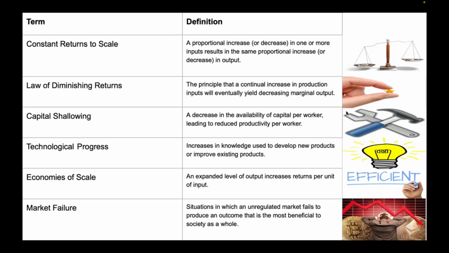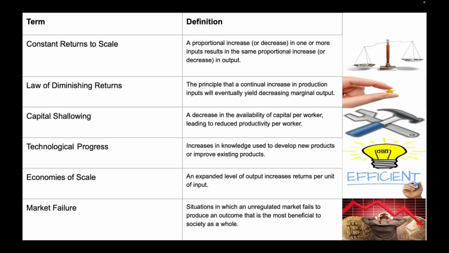Today, we'll be covering several key economic concepts that shape production and market behavior. First, we'll discuss constant returns to scale, where output increases proportionally with input. Then we'll explore the law of diminishing returns, which shows how additional input eventually leads to smaller increases in output.